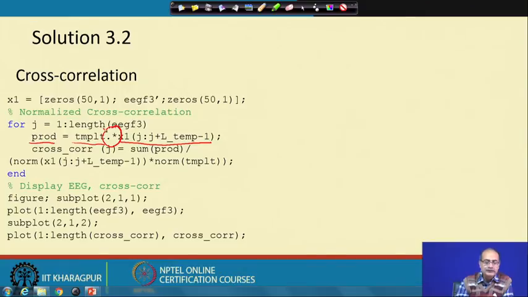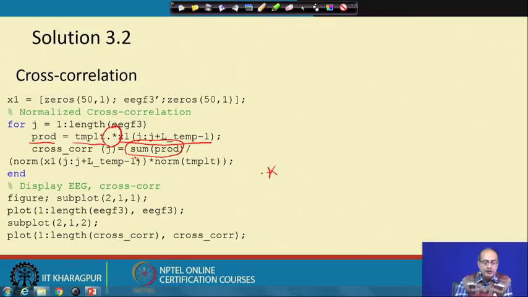For that the symbol is dot star. So, we are taking that product and then we are taking the sum of that. So, we can say this is doing the multiplier accumulator operation, MAC operation in short.